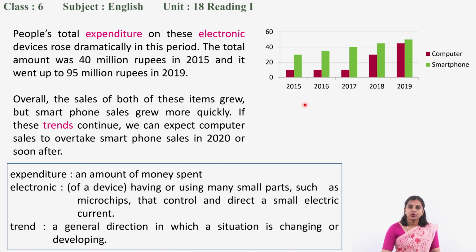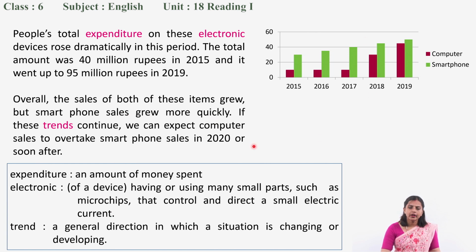So the expenditure increased from 40 million to 95 million. So wasn't it a dramatic increment? Yes, so that's why it is called dramatically. It increased dramatically.